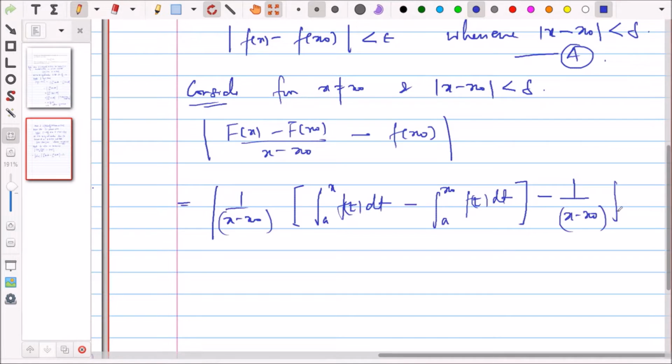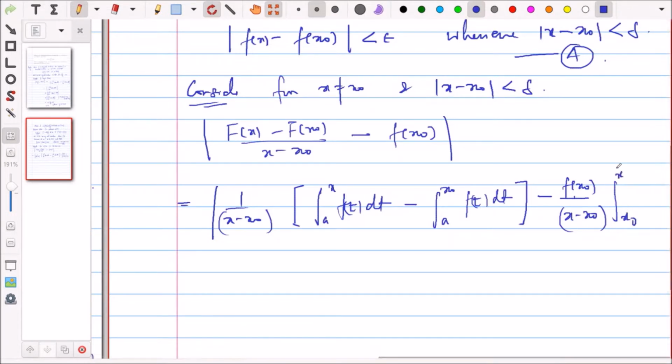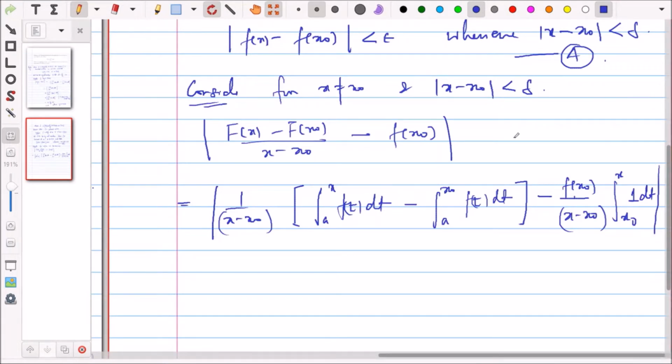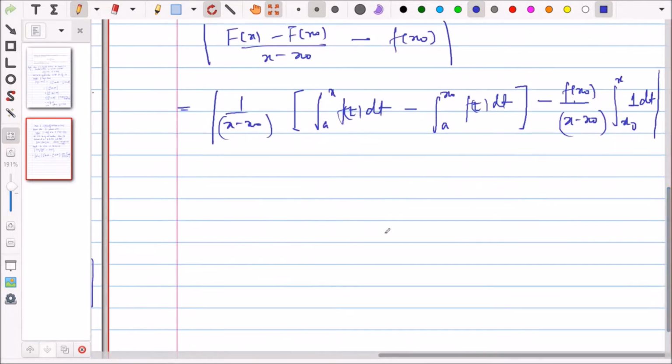I am writing f(x naught) equal to what you can write here, integral x naught to x of f(x naught) dt. Is it fine? ये ट्रिक है हमें. f(x naught) को we can write like this, क्योंकि इसका इंटीग्रल करोगे तो you will get x minus x naught. So x minus x naught will get cancelled and you will be left with f(x naught). Is it fine, everyone? This is the trick you have to remember. So this is the trick that we are going to use.